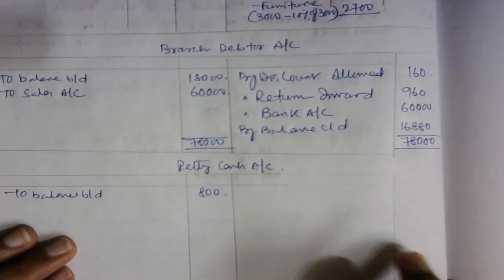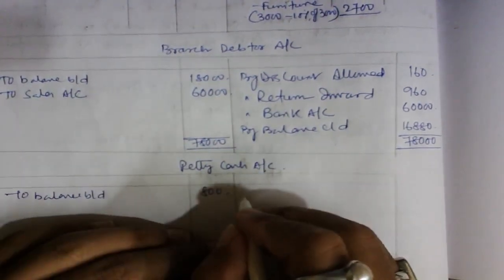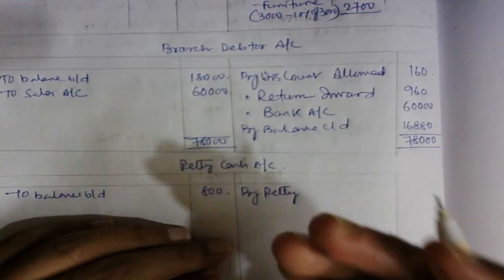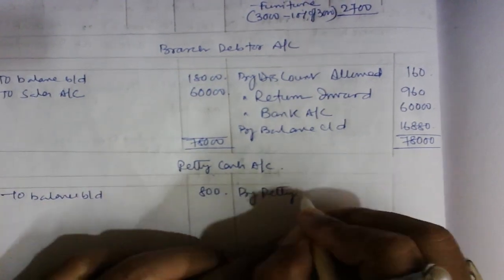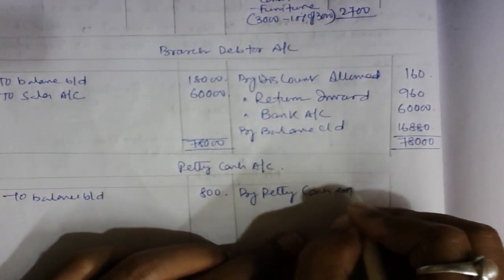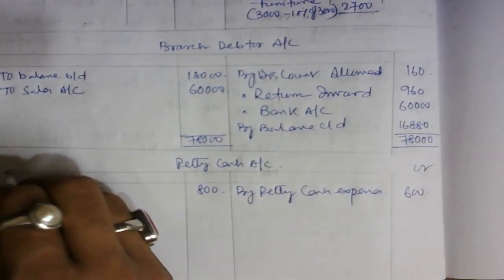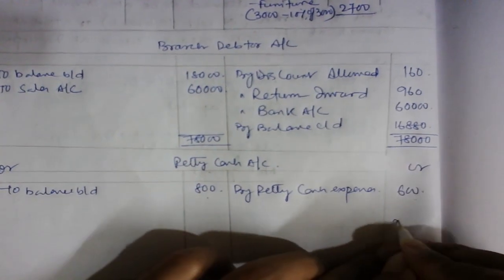Okay, after this, sir, petty cash. In the question, petty expense paid by the branch is 600. So can I write here by petty expenses? Because it's an expense, expense is debited, petty cash is credited, cash goes out. So petty cash expenses you can write 600. So closing balance left how much, sir? 200. Opening 800, expense 600, so closing is 200.